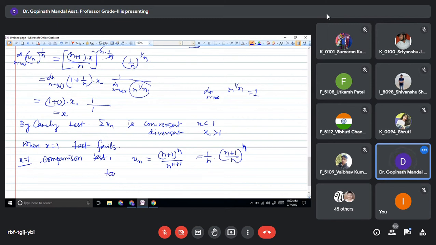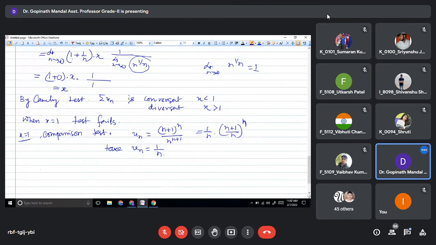Take vn, vn is equal to 1 by n. Now find limit n tending to infinity of un by vn.